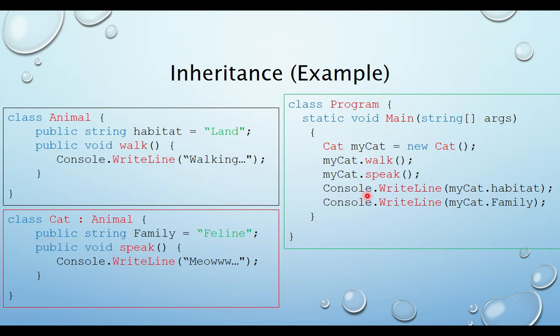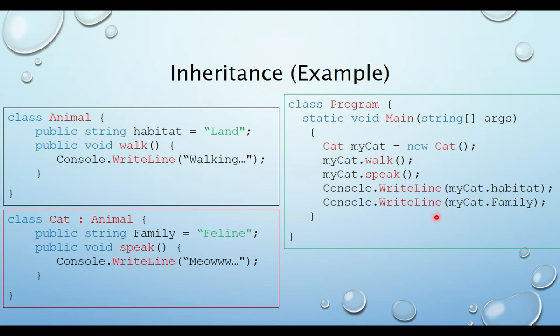Then we have a Console.WriteLine printing the variable habitat that was defined in the base class. Again, even though we use the cat class for our myCat object, we can still make use of habitat because our cat class inherits from animal.